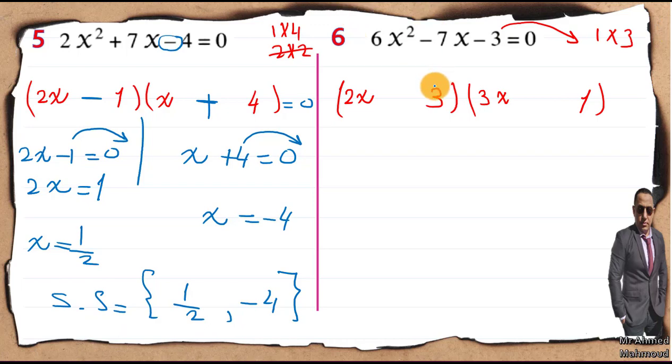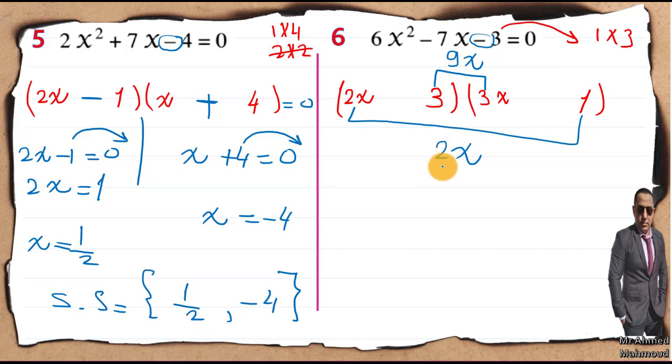as usual. Here the means and here the extremes. The means are 3x, 3 times 3x equals 9x, and 2 times 1 equals 2x. Because I have minus here, I'm going to subtract 9 minus 2 equals 7. This is 7, so this is a correct choice.